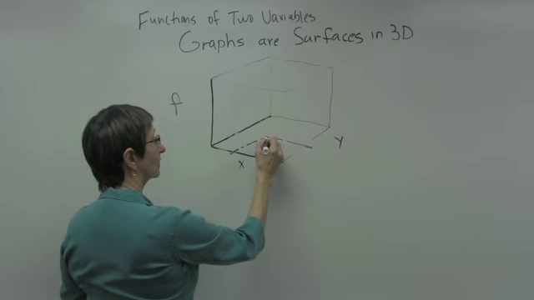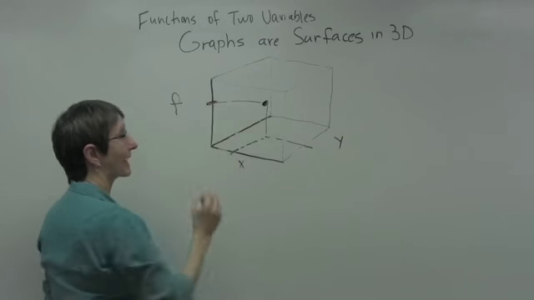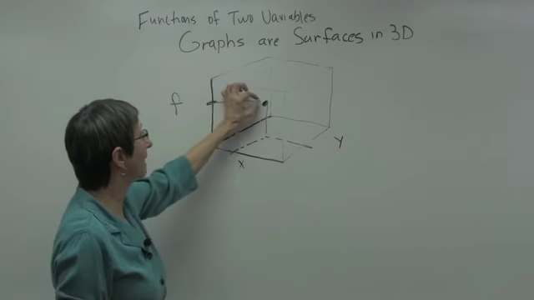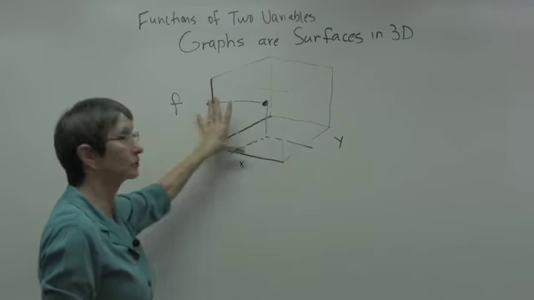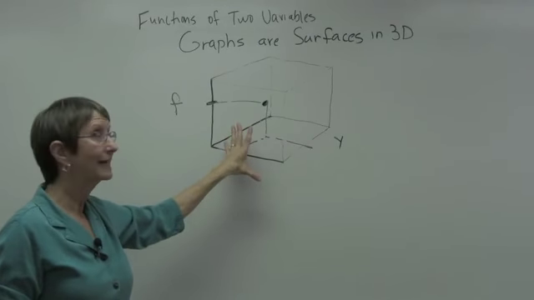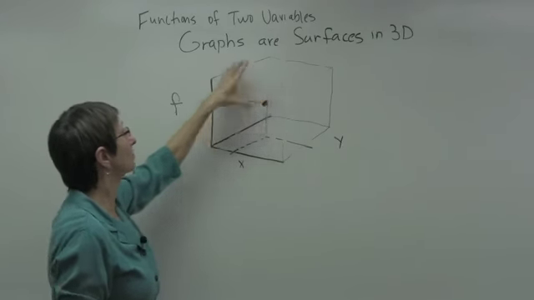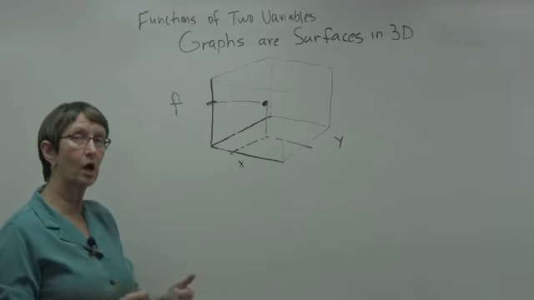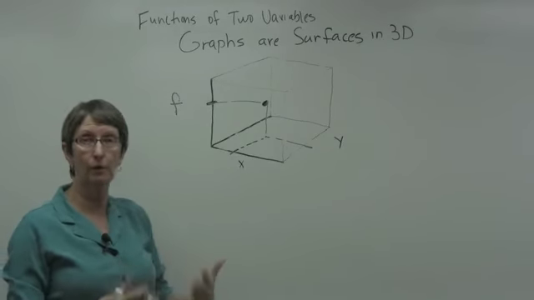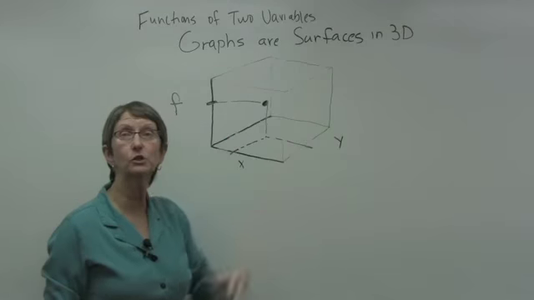And then you'd follow up to the vertical value, which would be somewhere on this axis over here. So you would have a point in the middle that references values on 3 different axes. And all the points in here combine to create a surface in 3D. It's a graph, but in 3 dimensions we call it a surface. And that's how we will create it from a data table and graph a surface.